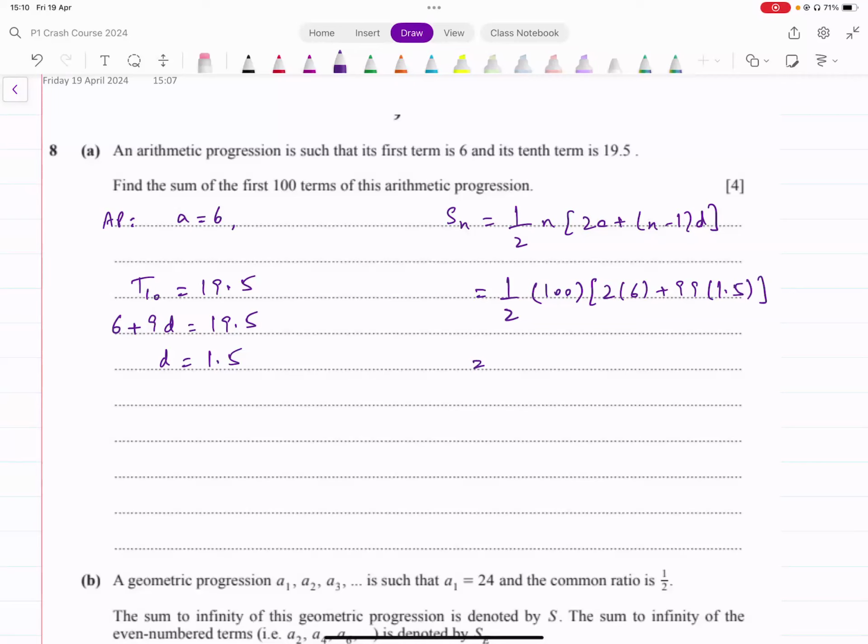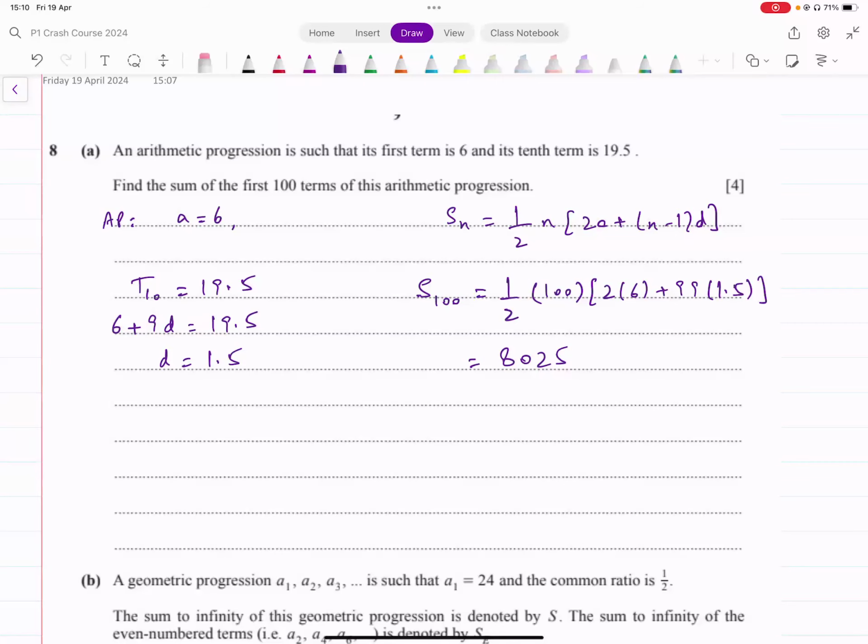Just evaluate this: 50 multiplied by 12 plus 99 into 1.5, and that gives me 8025. That's the sum of the first 100 terms. That's all you have to do in the first part. Pretty straightforward, easy 4 marks.